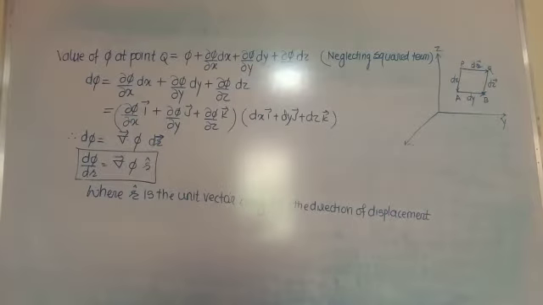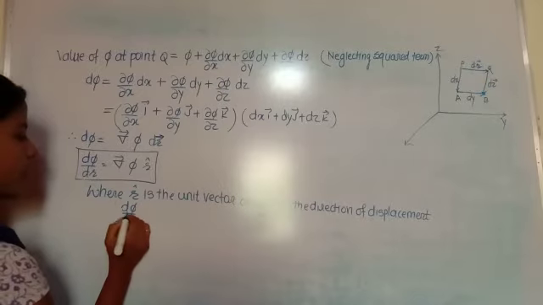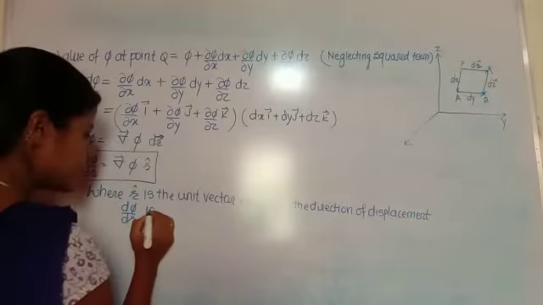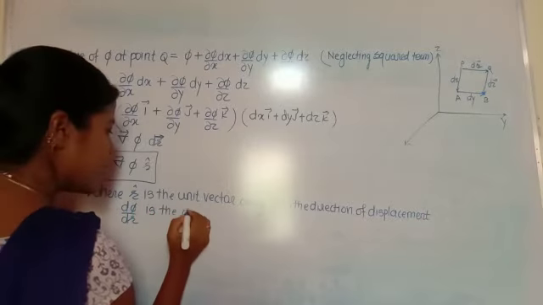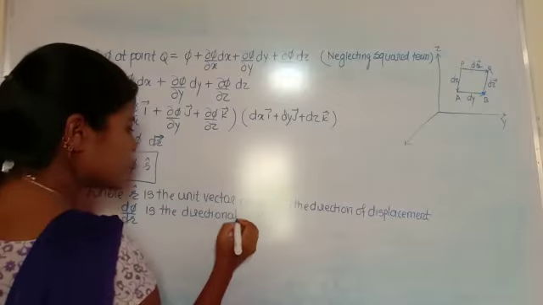So therefore this d phi by dr is the directional derivative of phi.